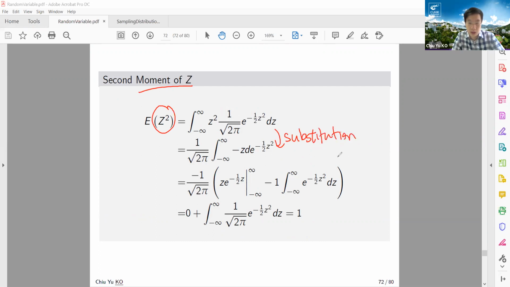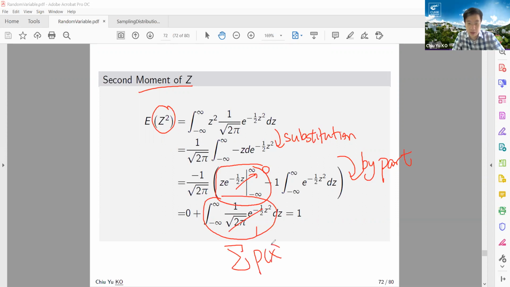Here is integration by parts, and again this term will be 0, and this term turns out to be this one. This is integrating a probability density, which is 1, because the sum of probabilities must be 1. So that's the idea of how you get it.